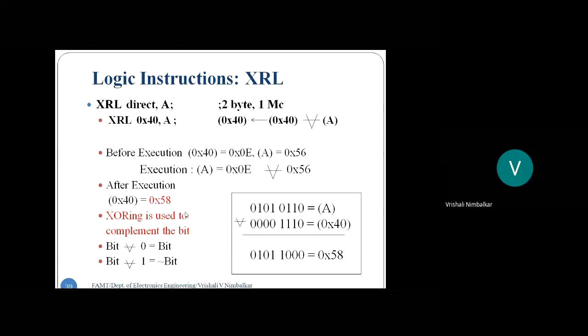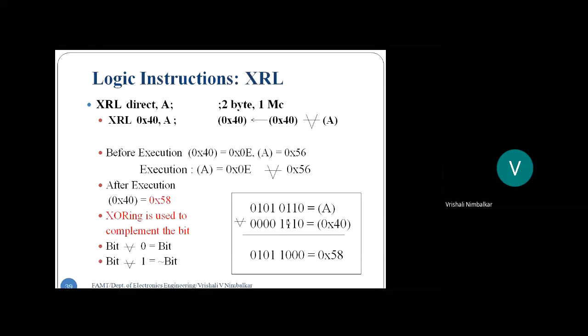Now, why do you use XORing? XORing is used to complement the bit. See, students, if the bit is XORed with 0, you get the bit as it is. But if you XOR the bit with 1, output is bit bar. Look at the example. See the triple ones.